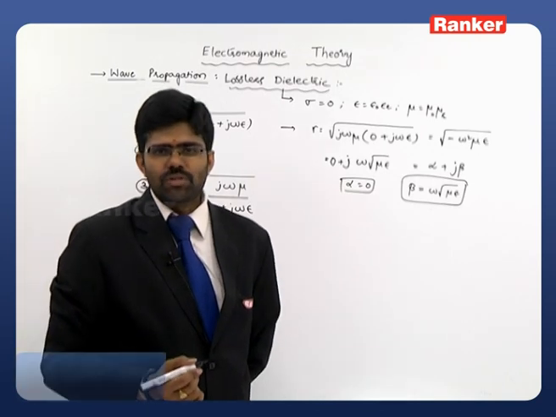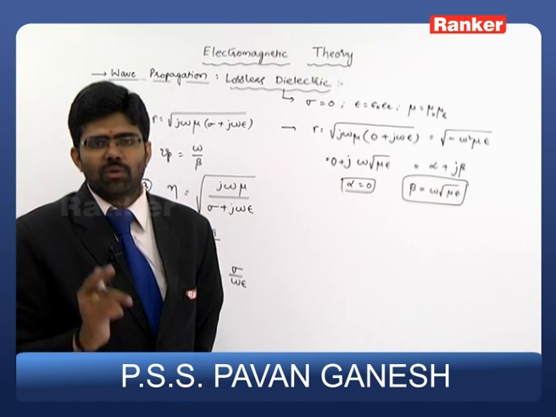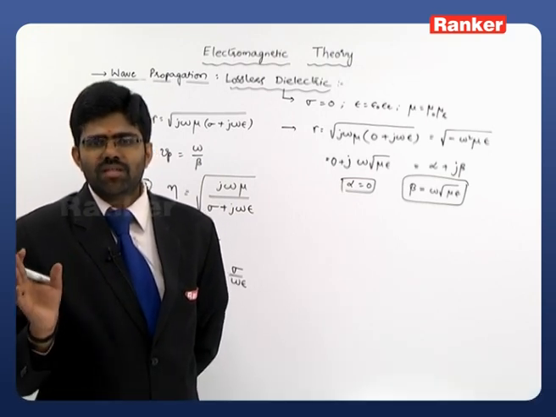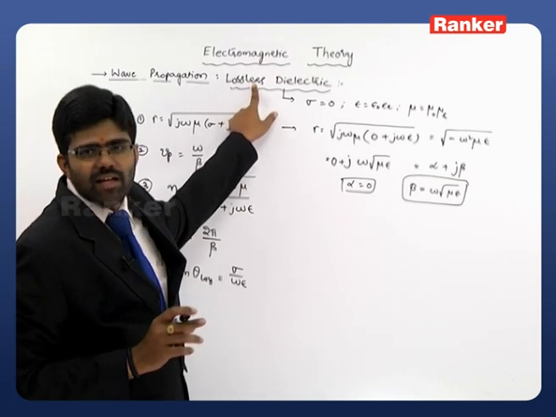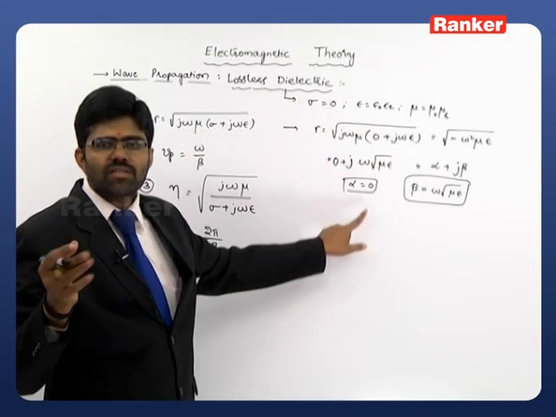Alpha is nothing but the attenuation factor. Attenuation factor is 0 means there is no attenuation, no loss. That's why it is said to be the lossless dielectric. Clearly remember, for lossless dielectric, alpha is always equal to 0.